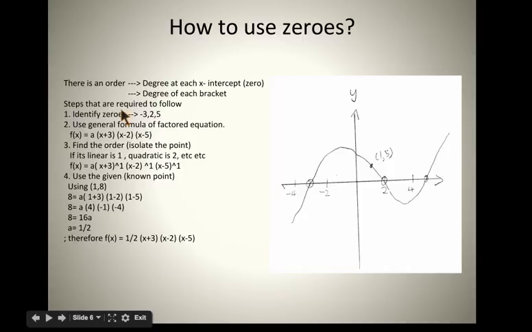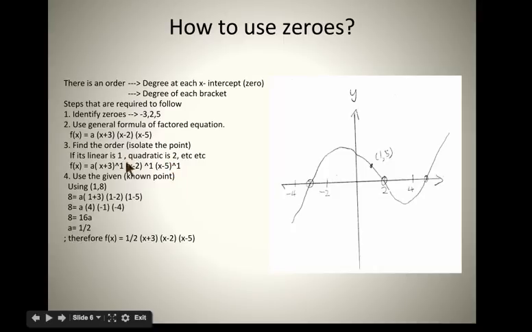The steps to follow are: first, identify the zeros. In this case, they are negative 3, 2, and 5. Then use the general formula of the factored equation, which is f(x) equals a(x plus 3)(x minus 2)(x minus 5). Then find the order by isolating the point.